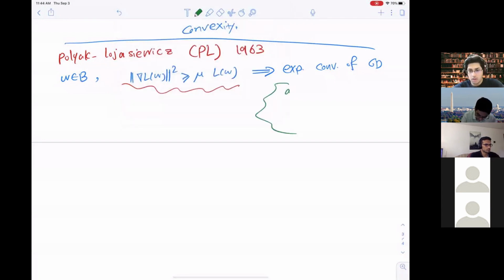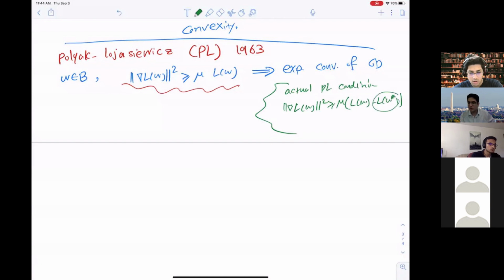The actual PL condition says the gradient squared should be greater than or equal to mu times the loss at W minus the loss at W star. But we don't know W star, so it is harder to show that my function satisfies this definition of the PL condition.